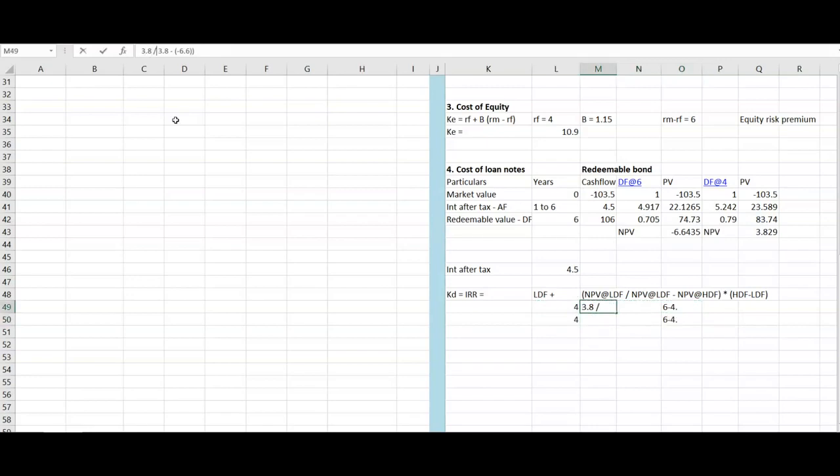You put the brackets here, so that first this gets solved and then we get the answer. So we'll work it out. We'll put an equal symbol in front, and yes, we got it. And this number would naturally come to 2.